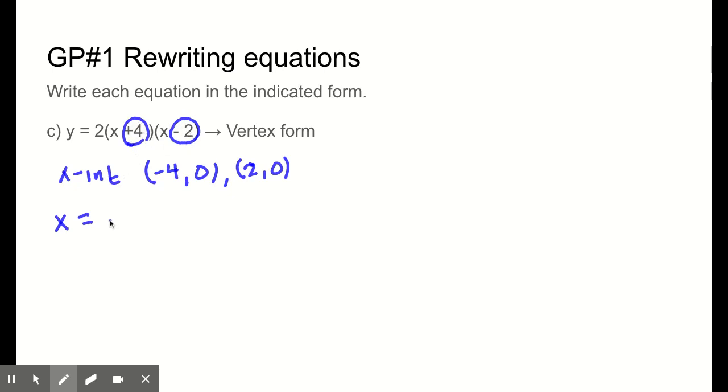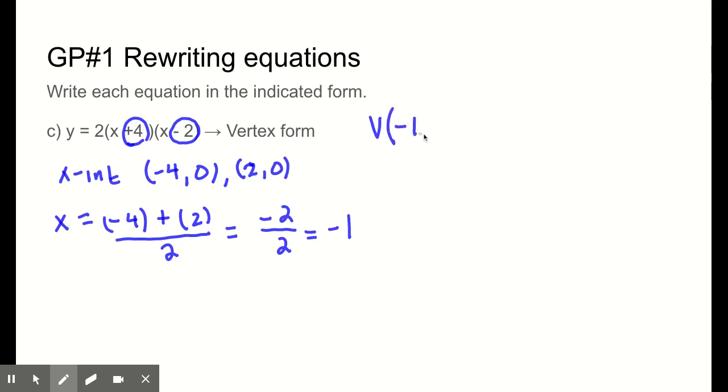So that's going to be a negative 4 plus a positive 2 divided by 2. So negative 4 plus 2 gives us a negative 2, divided by 2 gives us a negative 1. So the x value of the vertex is at negative 1.